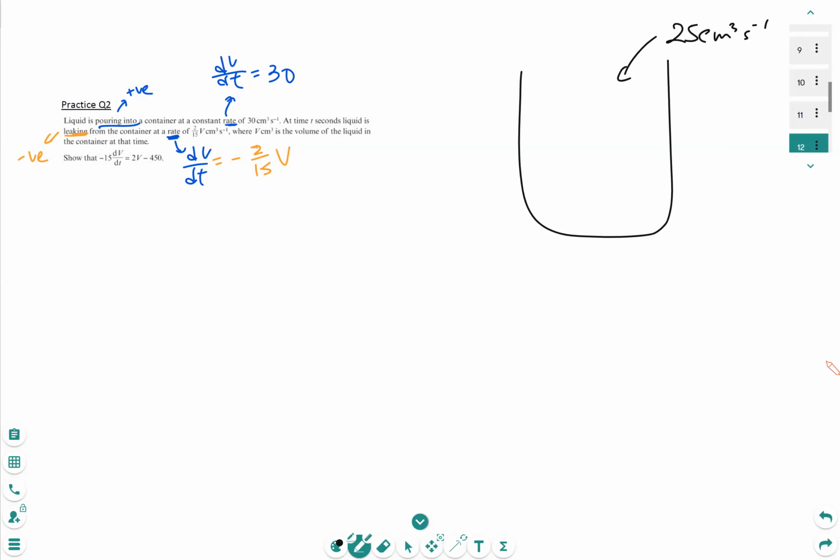Then for some reason someone pierces a hole into my cup, some silly one, and now my cup is leaking by 5 centimeters cubed per second. Can you tell me what the net rate of change in this cup is? It'll be 20, wouldn't it? Because we're adding 25 and then subtracting 5 every time. So that will be the overall rate of change.